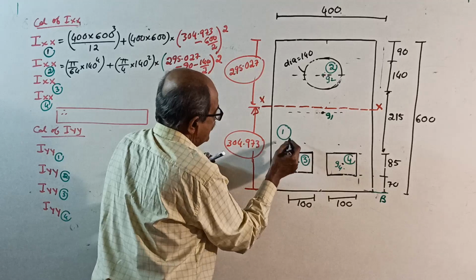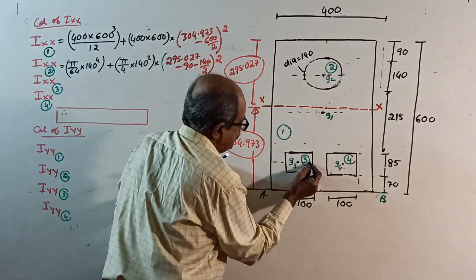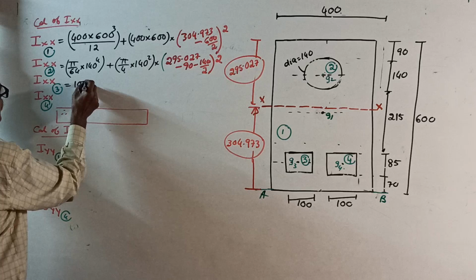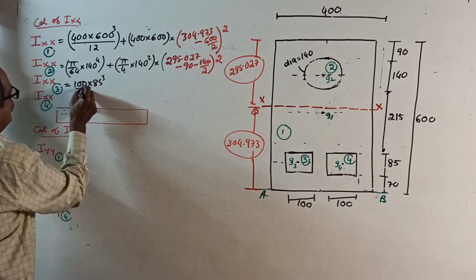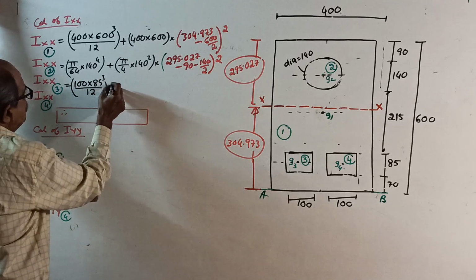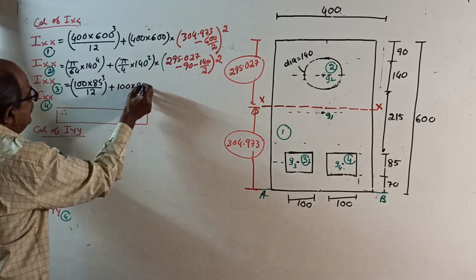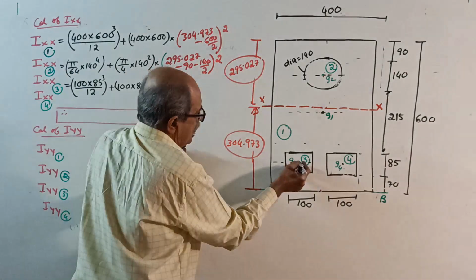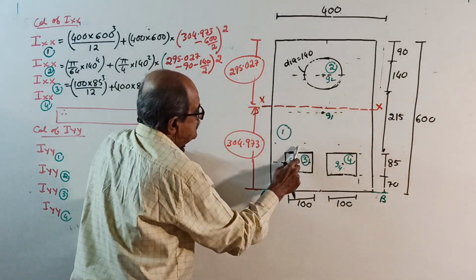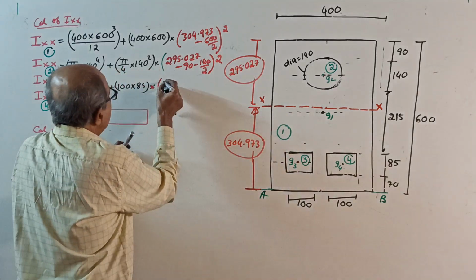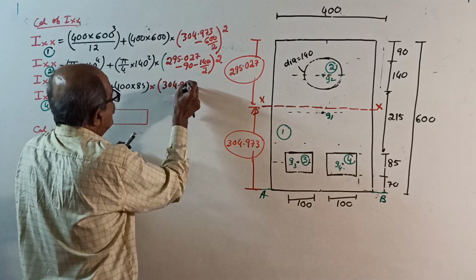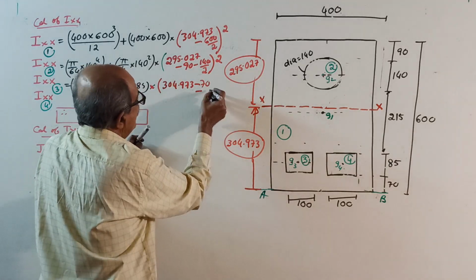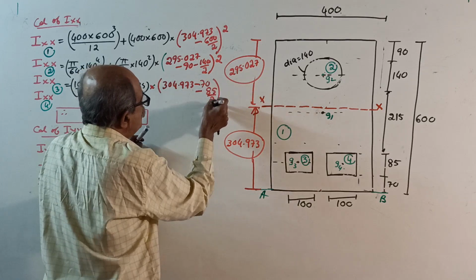IXX for 3. First I about its own axis: 100 into 85 cube by 12, that is IG, plus 100 into 85 is the area, into the distance from centroid G3 to XX. This distance square is 304.973 minus 70 minus 85 by 2, 85 by 2 whole square.